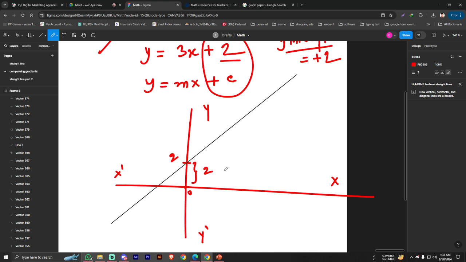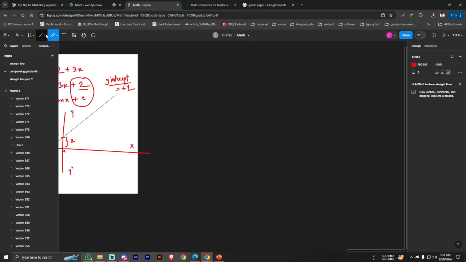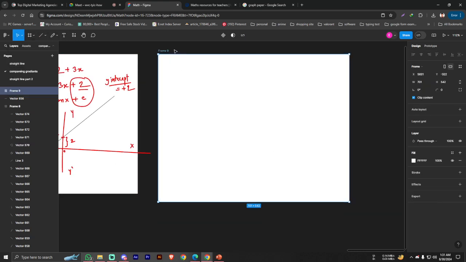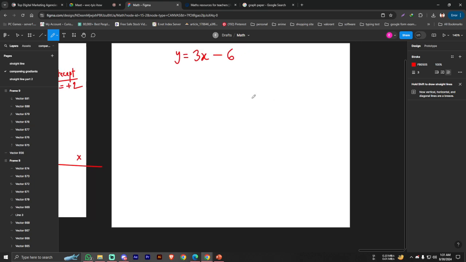Okay, suppose now you have an equation something like y is equal to 3x minus 6. Now how will you draw this?